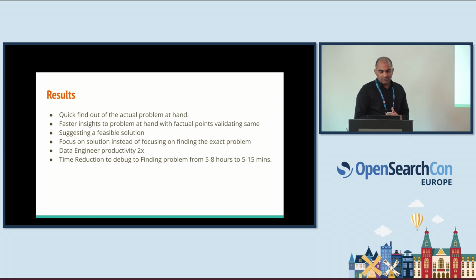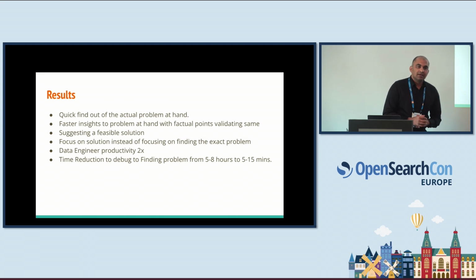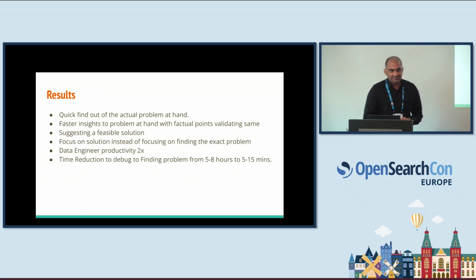If we focus on the last two points, I think this leads to a data engineering productivity of 2x, because we really should know what the problem is. That is our key insight. If you talk to any one of our colleagues and ask, okay, what is the problem? That is the first question they'll ask. And if we say we are not sure what the problem could be, that's a different expectation.